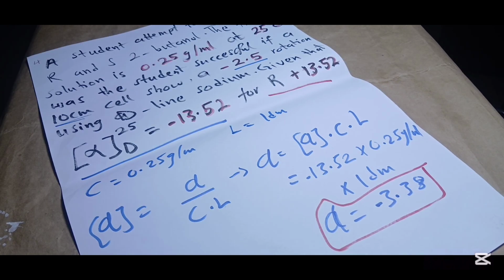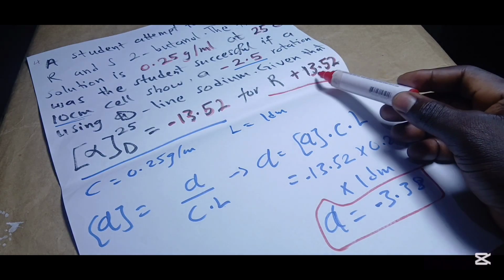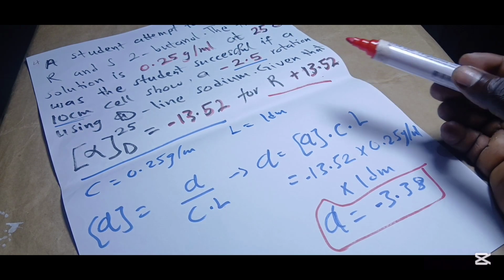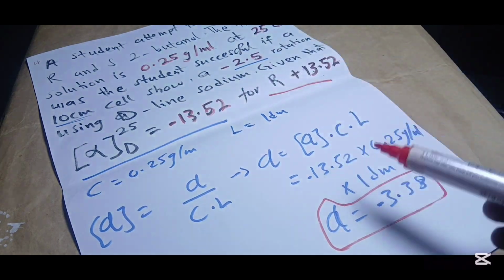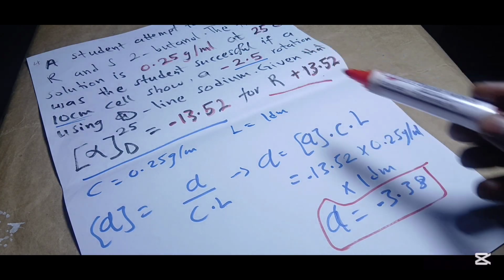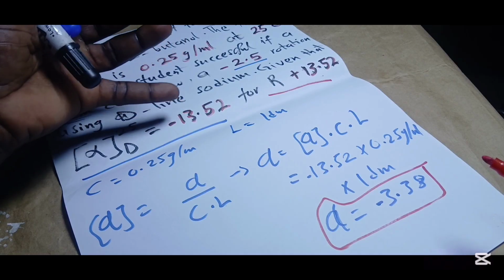Let me take that again. The student is interested in separating the R enantiomer from the S enantiomer of 2-butanol, and he had an observed rotation of minus 2.5. But to separate completely the R enantiomer of 2-butanol, your specific rotation should be minus 13.52.